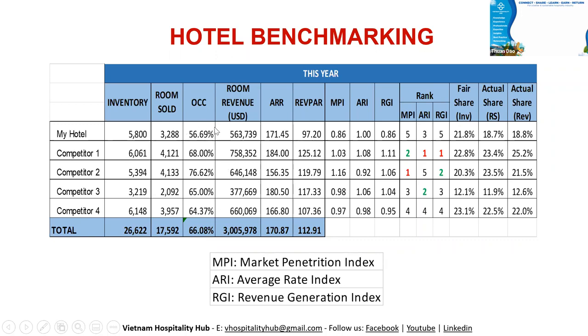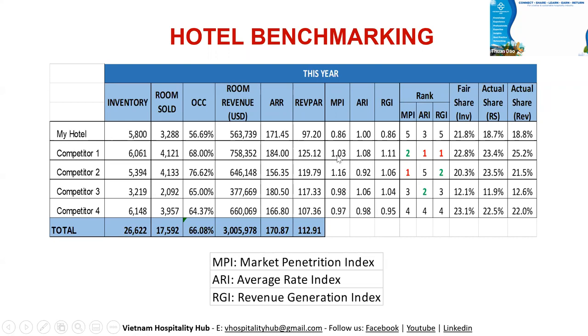Here, you see, your occupancy is just 56%, and your CompSet average occupancy is 66%. So this one is telling you that your performance in terms of occupancy is lower than the average of the CompSet.